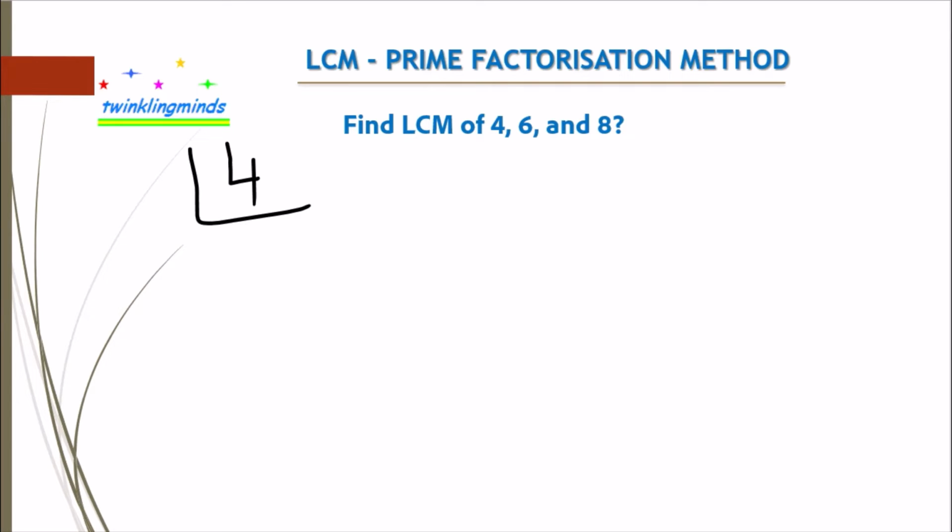What is the smallest prime number that can divide 4 with remainder as 0? That is what is called a factor, right? When we divide a number with another number, the remainder should be 0, so that the second number will be a factor of the first number. Here for 4, the smallest prime number that can be a factor is 2, right?